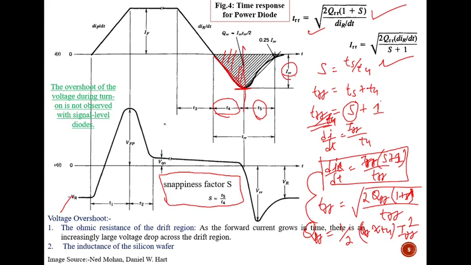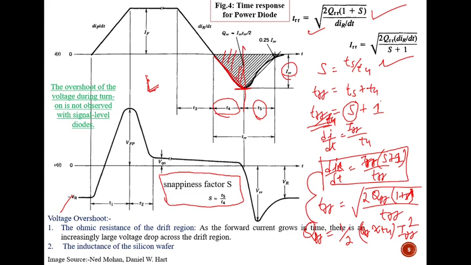What is the meaning of silicon wafer? In your device there is metal involved and different things, and their inductance actually comes into action. Remember, I'm talking about the inductance of the device, I'm not talking about the inductance of the wire and coil and different things.